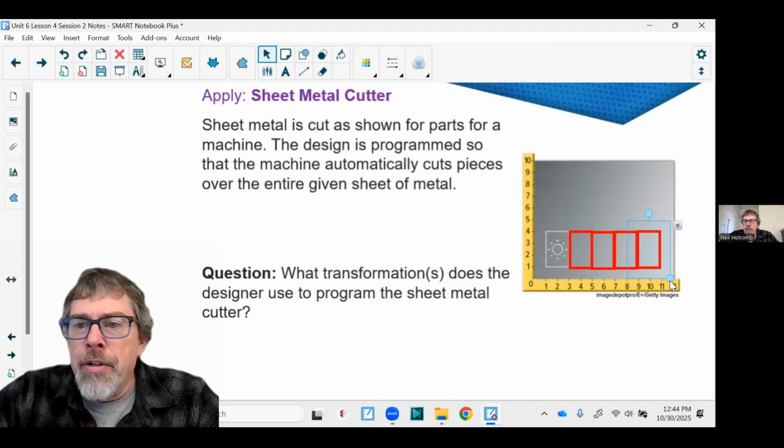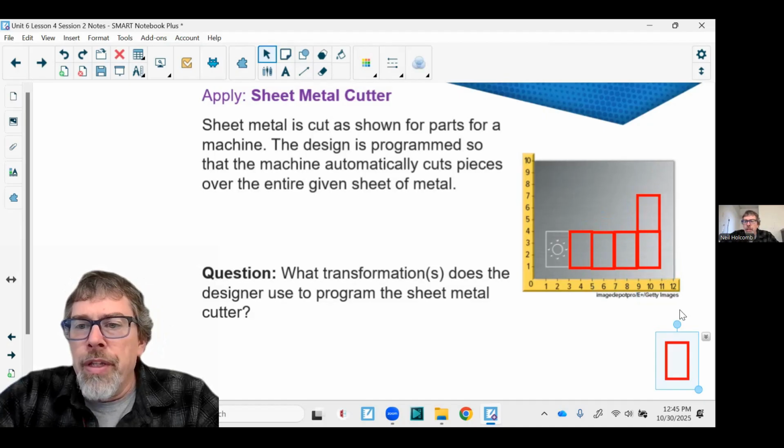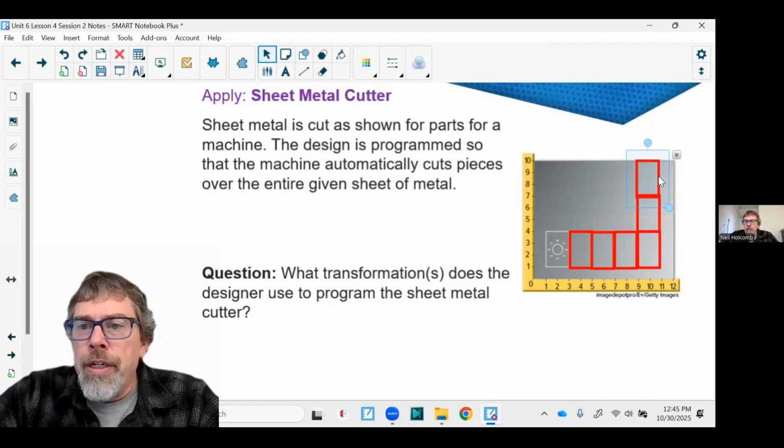Okay, I can't do it again. I'm going to run out, but then I could translate up 1, 2, 3. So if I took this and moved it up 3 units, 1, 2, 3, we'd be here, and then do it again. So if I move this up from here, 1, 2, 3, okay, we're right on the edge.